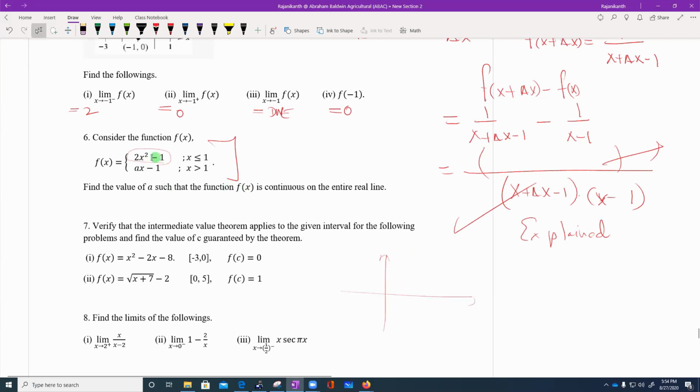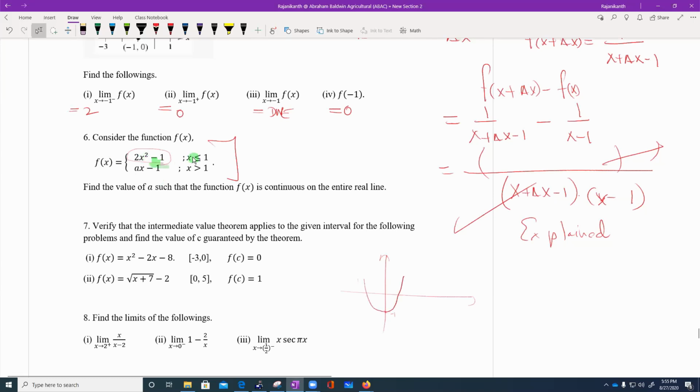If you draw the first piece, it is a minimum curve. You know how to draw the parabola, right? So if you draw correctly, it should go somewhere here, -1. That is the first graph.